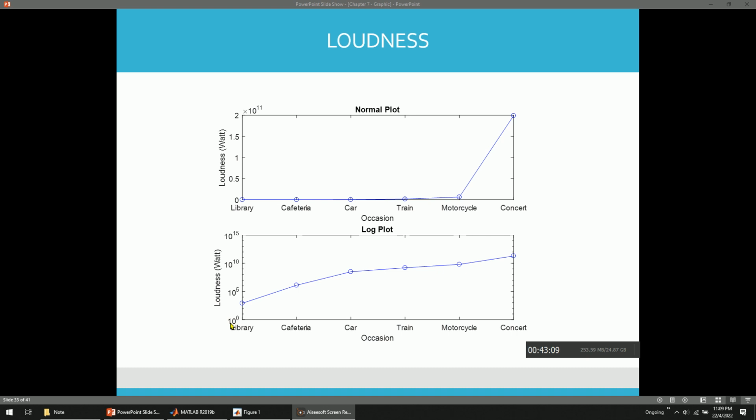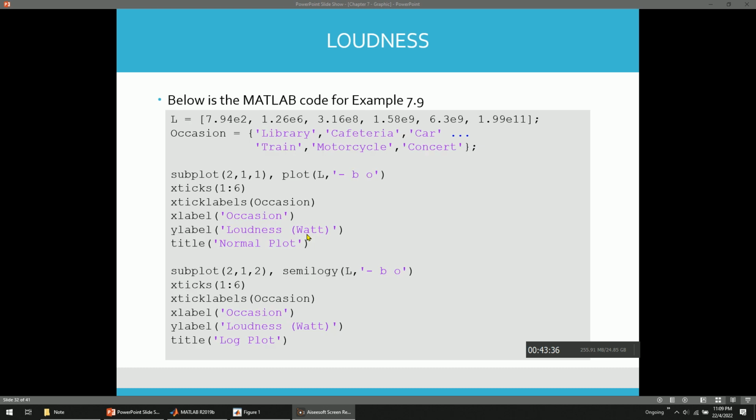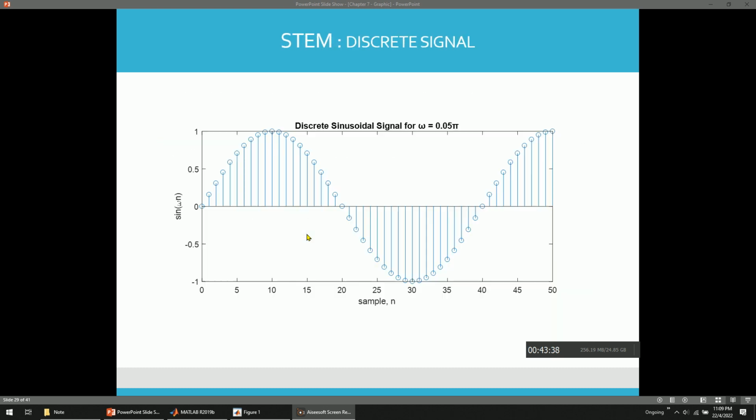You can see here 10 to the power of 0. It increases in decades instead of 1, 2, 3, 4, 5, 6, 7, 8, 9, 10, 11, 12. That is linear. But for a log graph, I think you already learned about the logarithm. So it should be something like this. So how to use it?